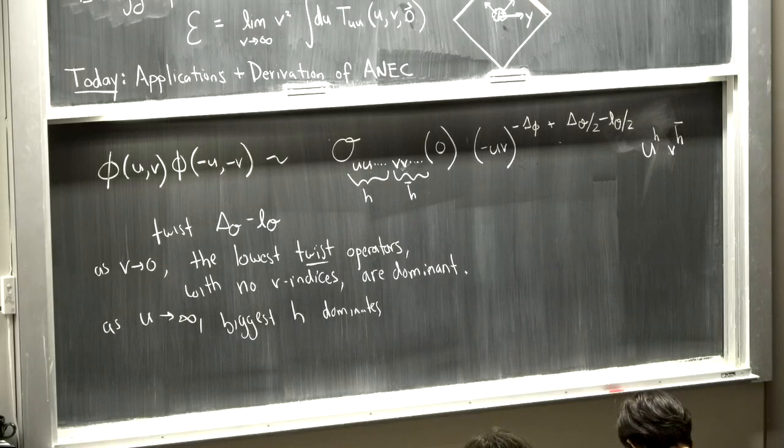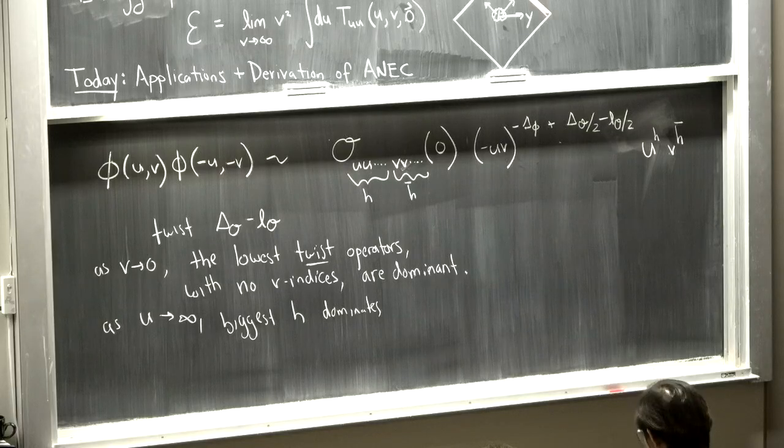Now all we need to do is start listing operators and try to figure out which ones have the lowest twist and the largest H. No, I think I'm in general dimensions at the moment. Or general dimensions, yeah. I am going to go to 4 at some point, but for now, higher dimensions.